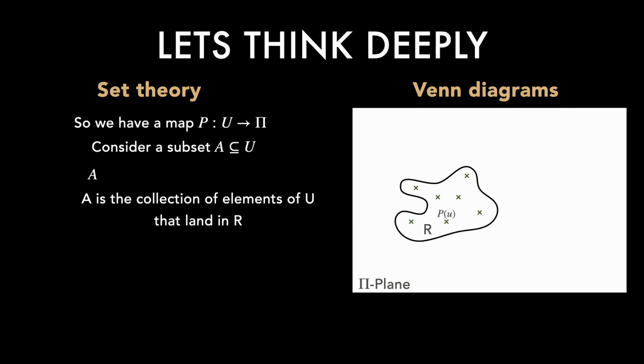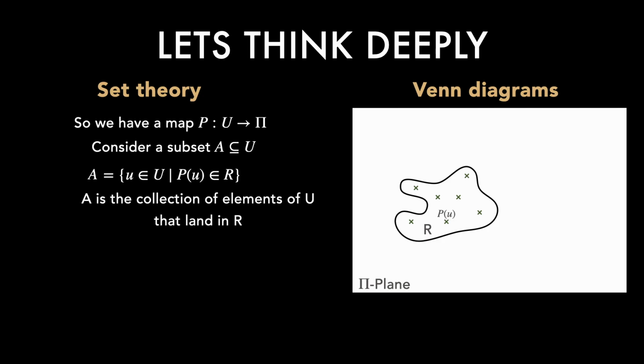A is the collection of all elements of U that land in R under the map P. In set theory language, it is the set of all u belonging to U such that P of u is in R. In other words, it's all the elements of U that we pretend lie in R.